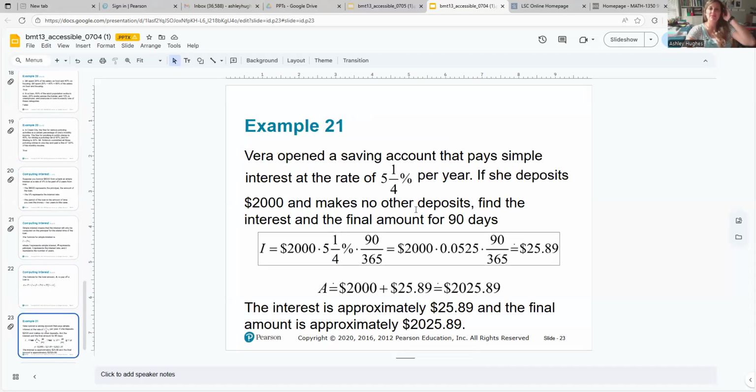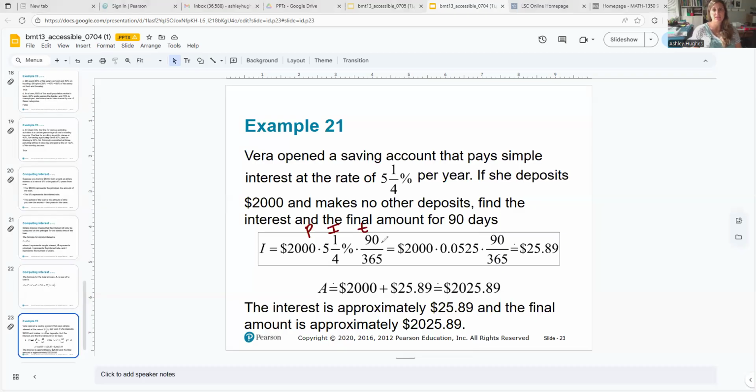Vera opened a savings account that pays simple interest at a rate of 5.25% per year. She deposits $2,000 and makes no other deposits. Find the interest and the final amount after 90 days. So the interest is that $2,000 times 5.25% times time. Remember, this is principal, this is rate, this is time.